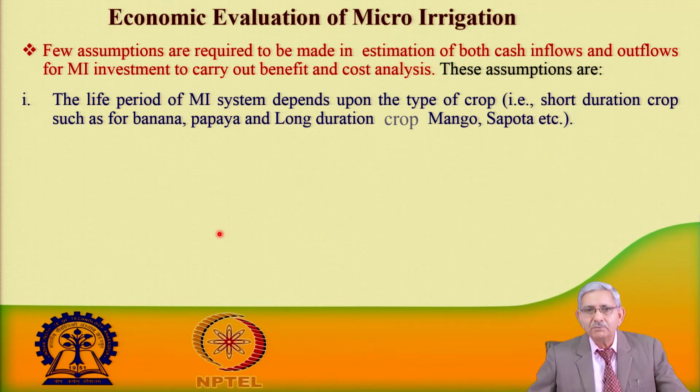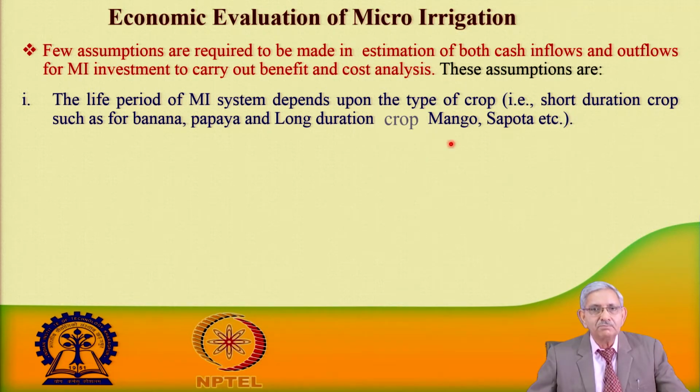There could be seasonal crops, such as seasonal vegetable crops, or crops like banana and papaya, which are short duration crops. But crops like sapota, mango, the citrus group, oranges and lychee are long duration crops.